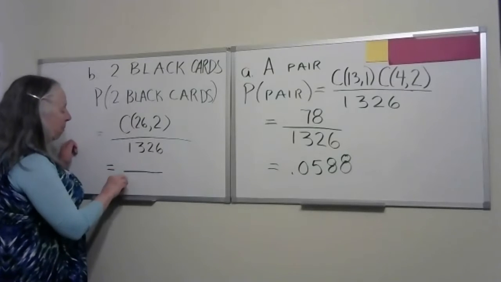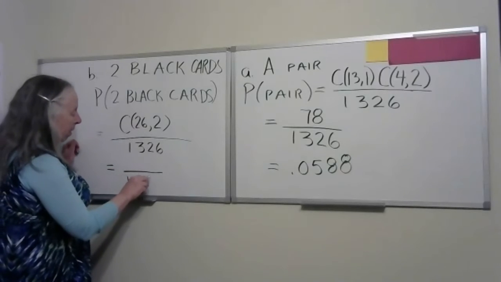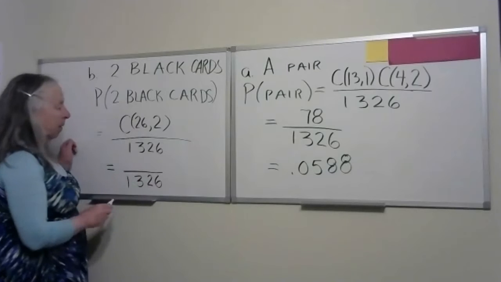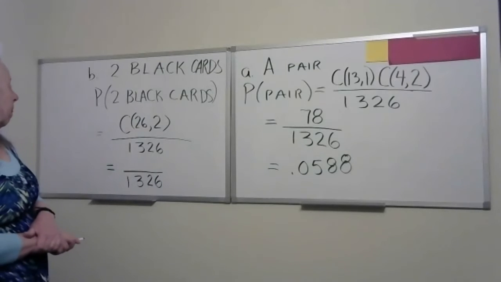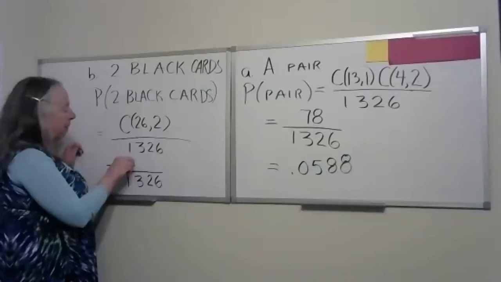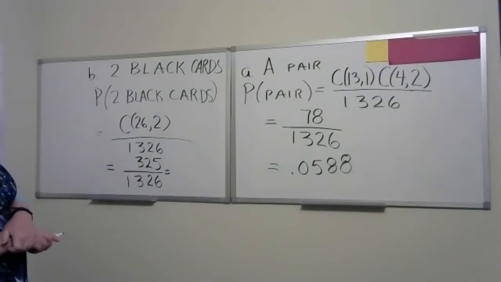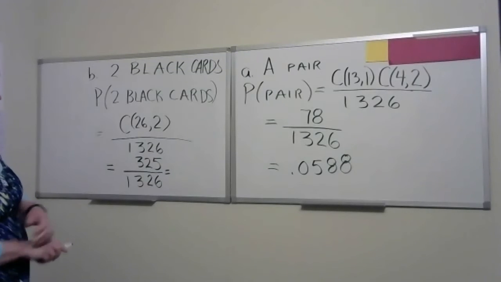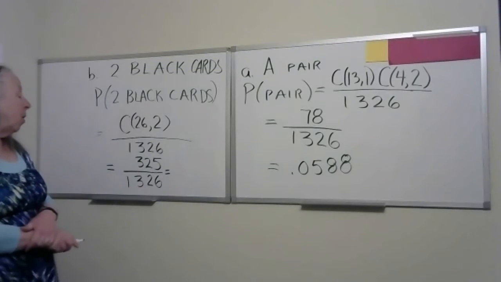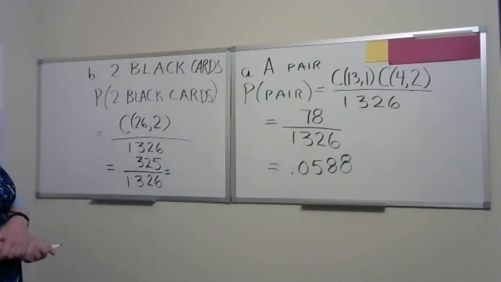First, I want the number. I got 325. Thank you, Stefan. So we now have 325 over 1,326.